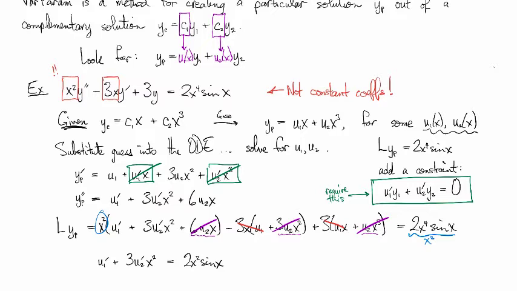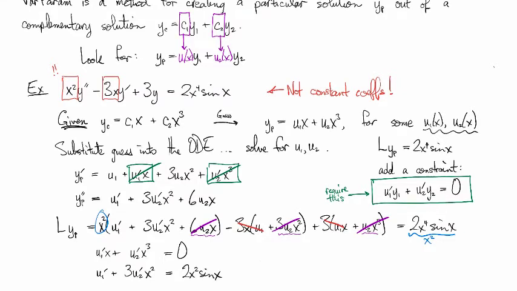Okay, so that's my one equation, but then we also had our constraint that we imposed. And so if you look at what we have right here, this is actually a 2x2 matrix system, right?